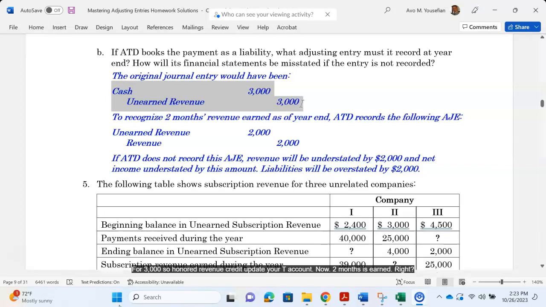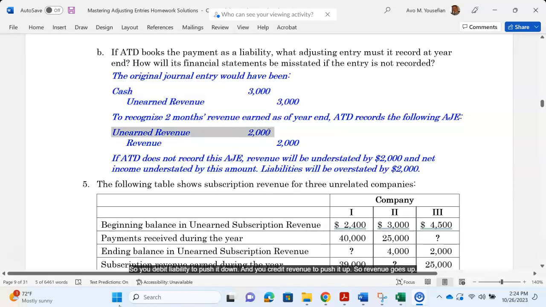Update your T account. Now 2 months is earned, right? So this liability that you recognized in here has to go down. It's a credit balance, so you have to do debit on liability. So you debit liability to push it down, and you credit revenue to push it up. So revenue goes up, liability goes down.